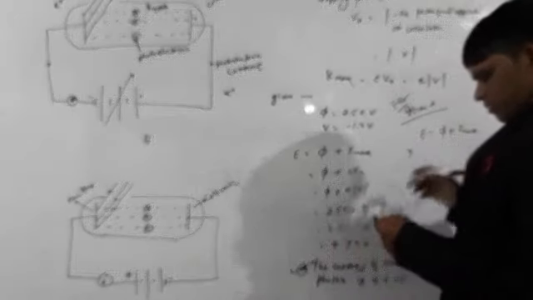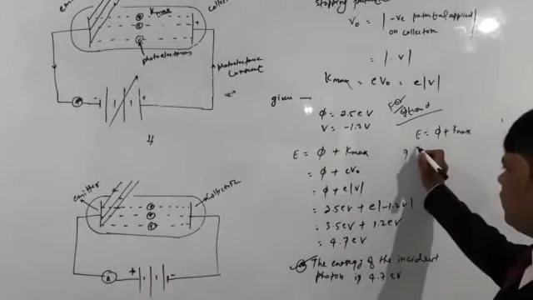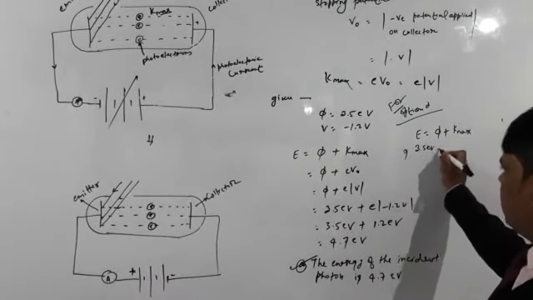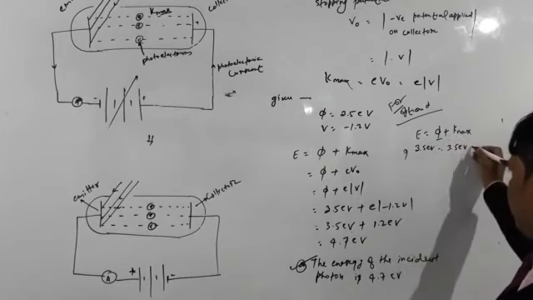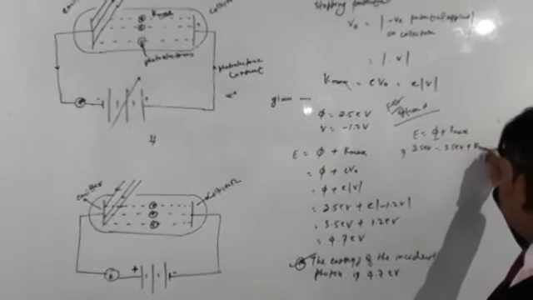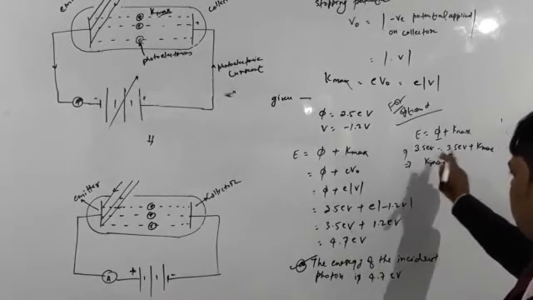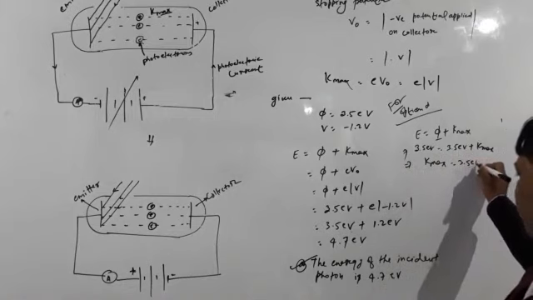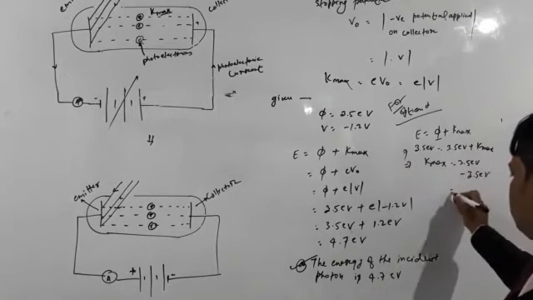According to the question, when the energy of photon is 3.5 electron volt, this is 3.5 electron volt plus K max. So K max is equal to 3.5 electron volt minus 3.5 electron volt, which is equal to 0.